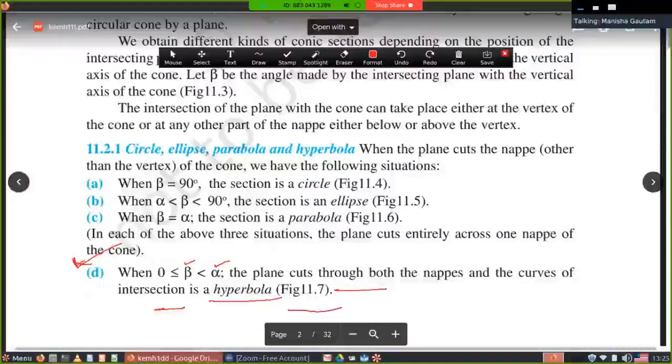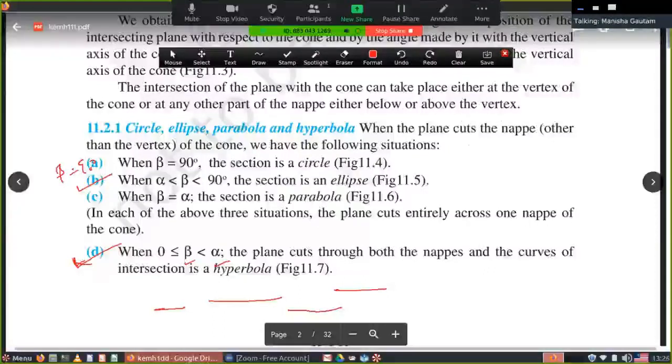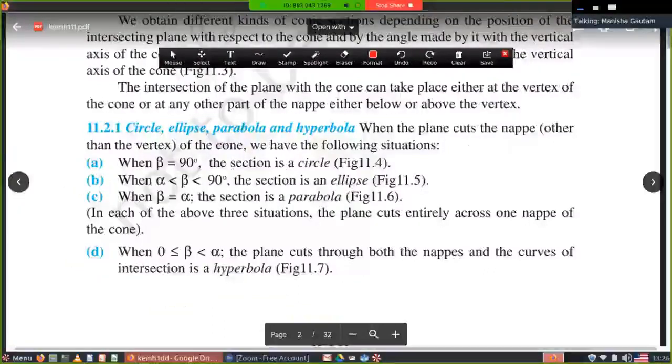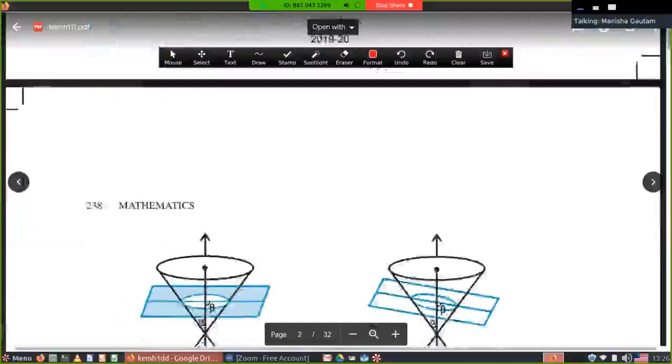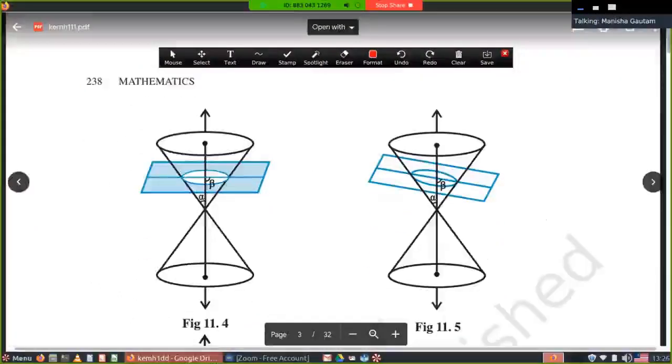First we will study the curve which is known as a circle, when beta is equal to 90 degrees. Now let's see what type of figure you will get. Yes, here is figure 11.4.